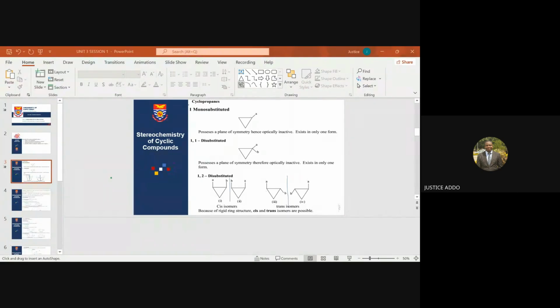Then you discuss the cis isomer from the trans isomer. And in both cases, consider whether there's an element of symmetry, which will destroy the stereochemistry or not, and then come out with the possible forms. So I'm giving you some 5 or 10 minutes to try your hands on this, and then we'll get back to discuss it before we move on.